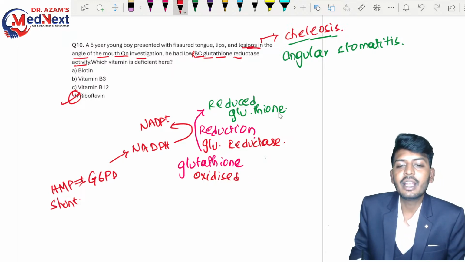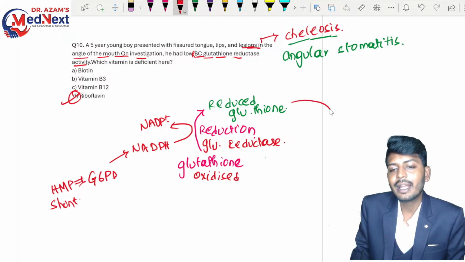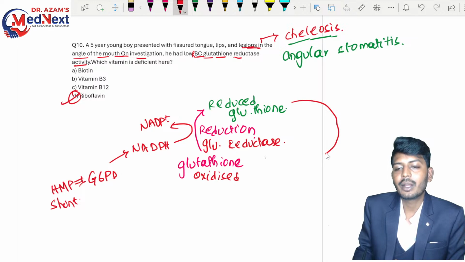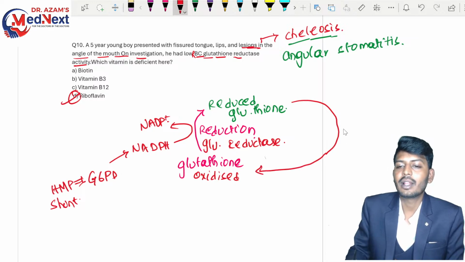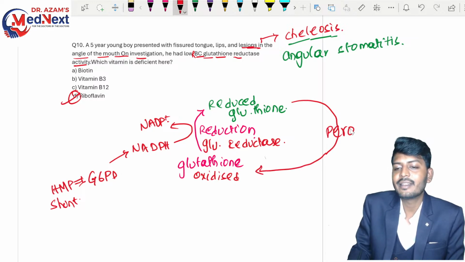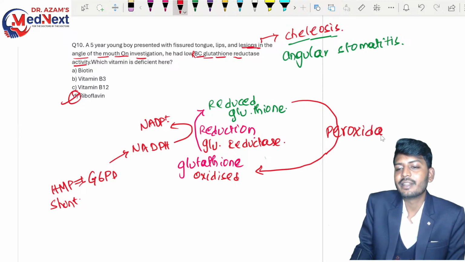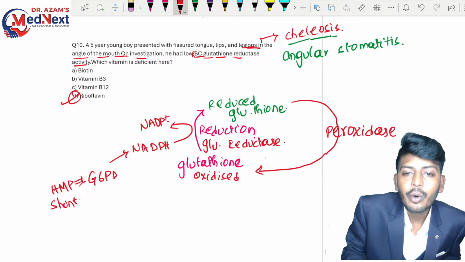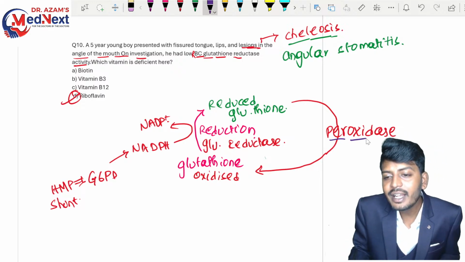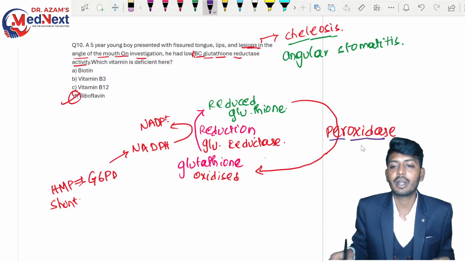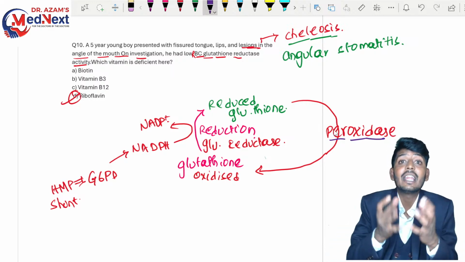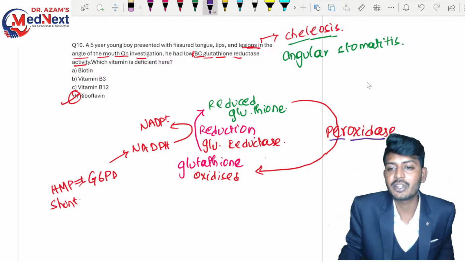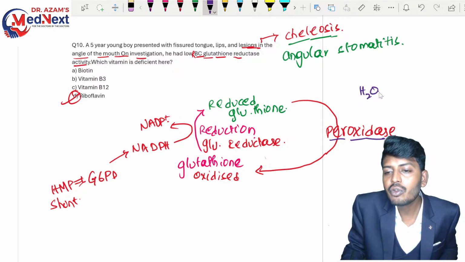Okay, now this reduced glutathione बच्चों will get converted into oxidized glutathione with the help of an enzyme called peroxidase. What is the name of the enzyme? Peroxidase. Sir ये किस लिए काम आया? So when peroxidase is working, to do this reaction of peroxidation, it will utilize H2O2.